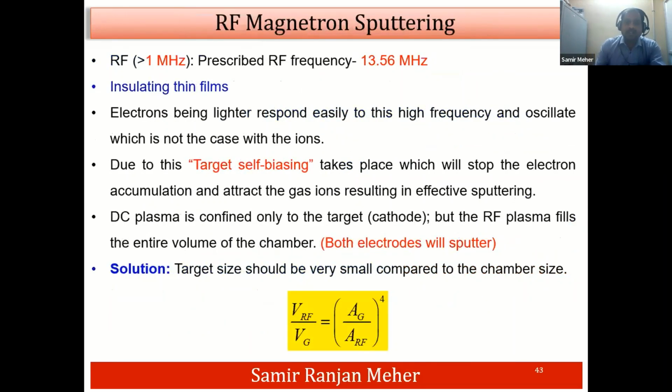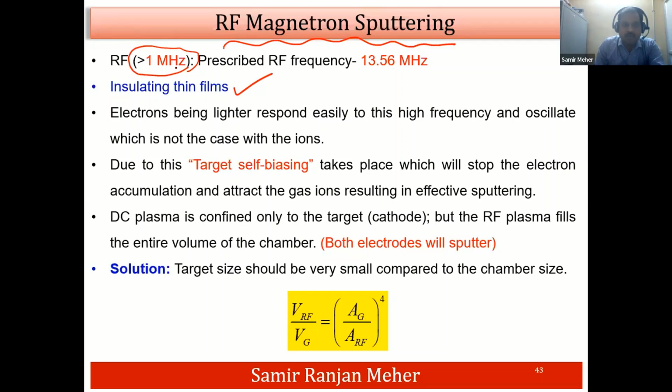Another way, which has low throughput but is an excellent way to coat insulating thin films, is through RF magnetron sputtering. Here, remember, we are going to use very high frequency. In pulsed DC, we use a few hundred to a few thousand hertz, but in this case, we are going to have more than 1 megahertz of frequency.